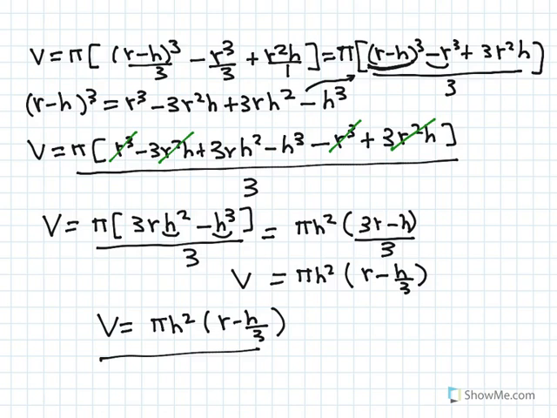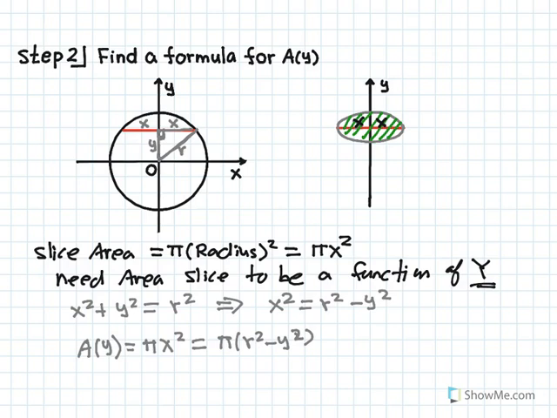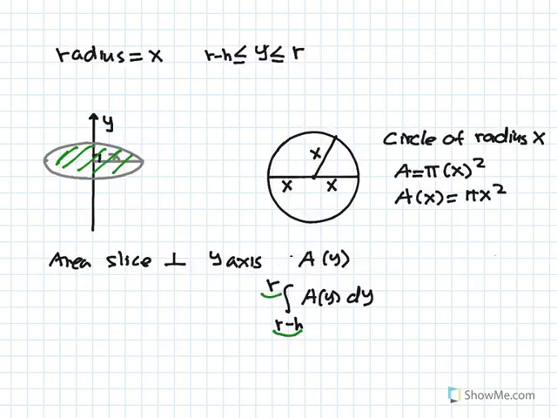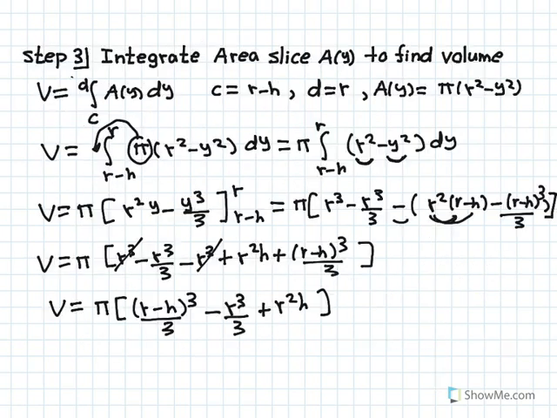Now let's try something interesting. If the height of the cap is equal to the radius, we should get the volume of a hemisphere. If we take a look at the picture, here it is on page 1. If we make the height equal to radius, the volume of the spherical cap should be half the volume of a sphere. Let's test it out.